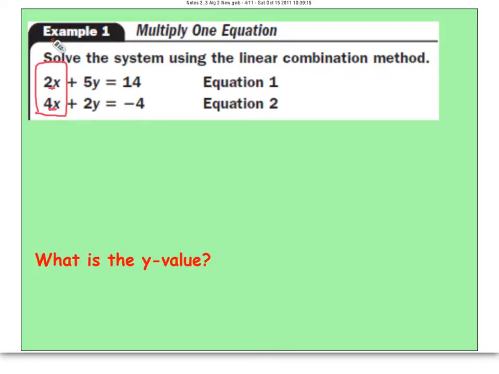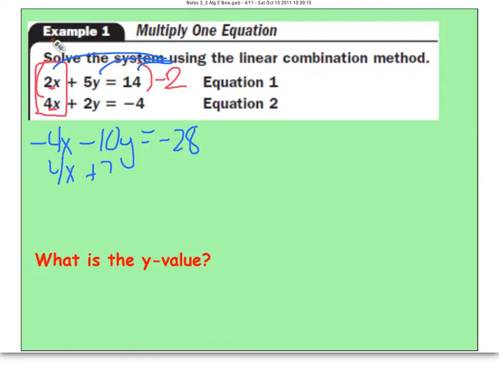But it has to be the opposite sign. It has to become a negative 4, so we would multiply this by negative 2. So if we do that, then we're going to distribute this through, and we get negative 4x. 5y times negative 2 is negative 10y. 14 times negative 2 is negative 28. And then again, the second equation I'm just going to rewrite so it's nice and lined up.